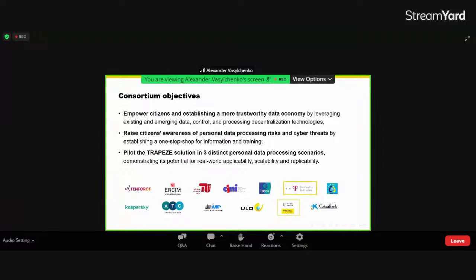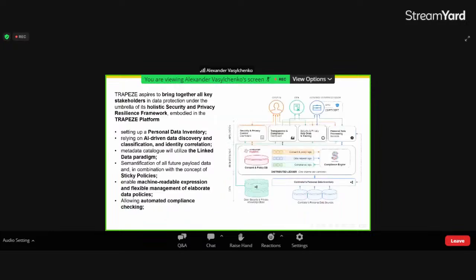Among the 13 partners, we have 3 industrial partners representing the telecom industry with Deutsche Telekom, the financial industry with CaixaBank Spain, and the Flemish government. As you recall from my previous slide, these represent 3 different aspects of our life and our personal data life cycle.